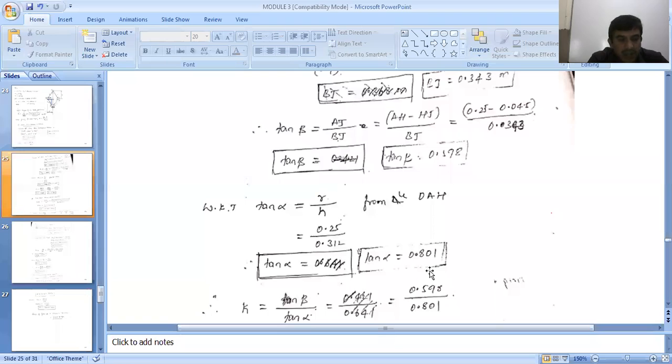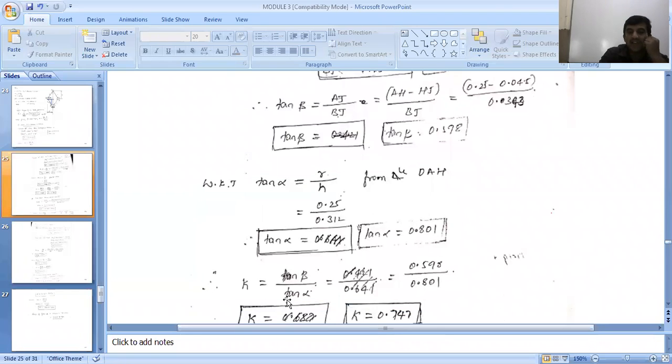Please do the calculation, write the formula, substitution, then do the calculation, then tell me the answer. Is it right? Tan alpha is 0.801.